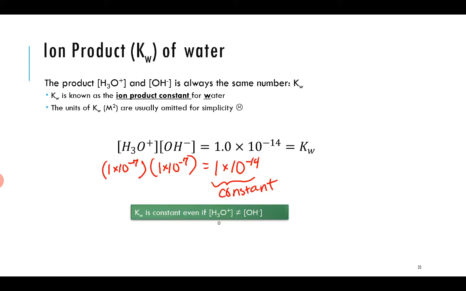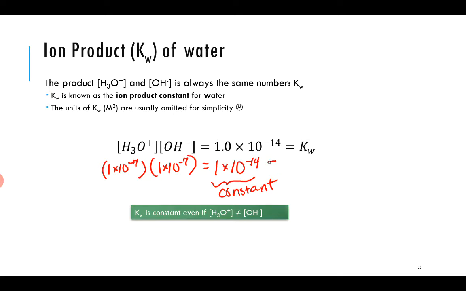So if we add an acid and increase this value, then this value is going to drop in order to maintain this value, because this is a constant. There's always this relationship between the molarities of hydronium and hydroxide. We will learn more about this when we do our next chapter on equilibrium.